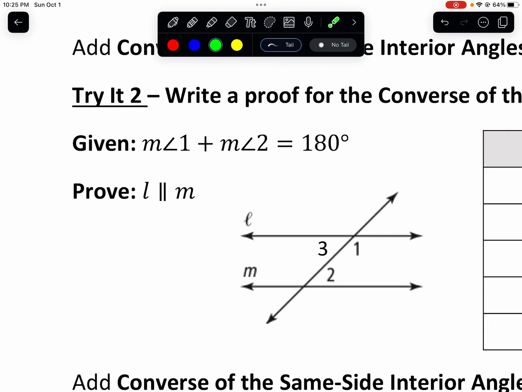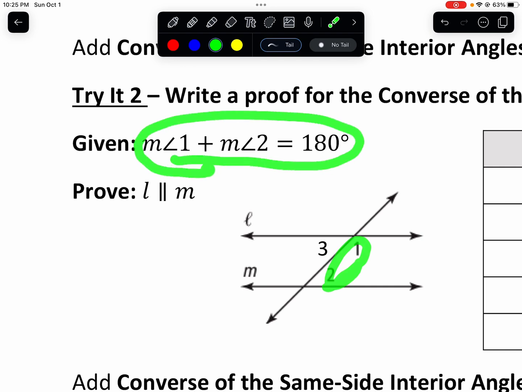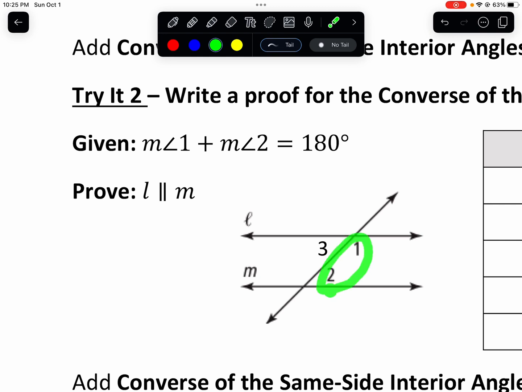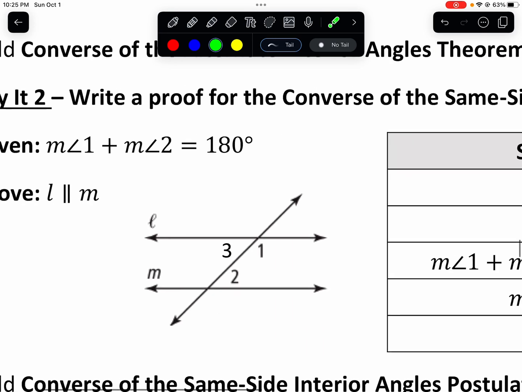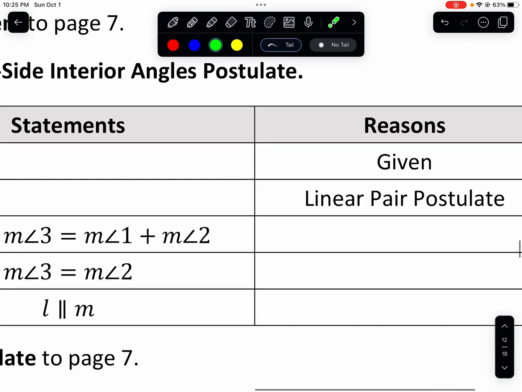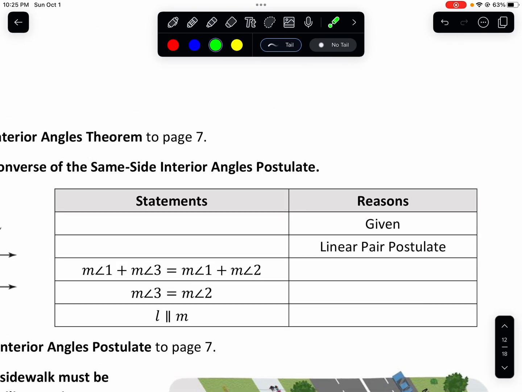I want you to try to go through and fill out this proof. We've got angles 2 and 1 here. Those are not congruent. They add up to 180. So since these two add up to 180, see if you can find out how to prove that the two lines are parallel using these statements and reasons.